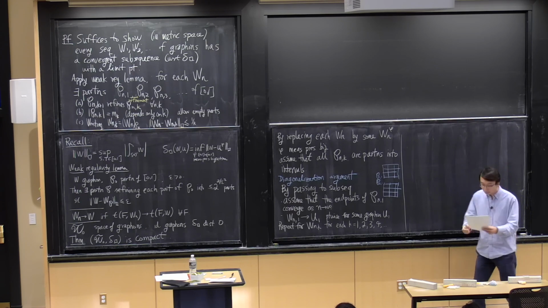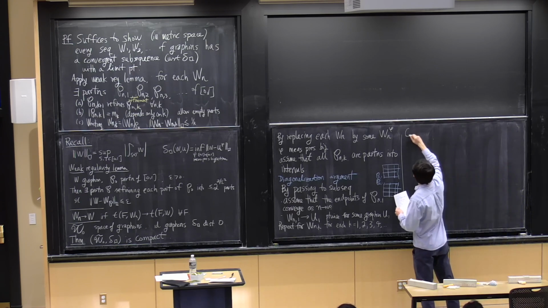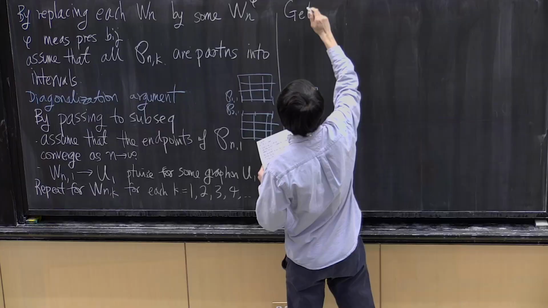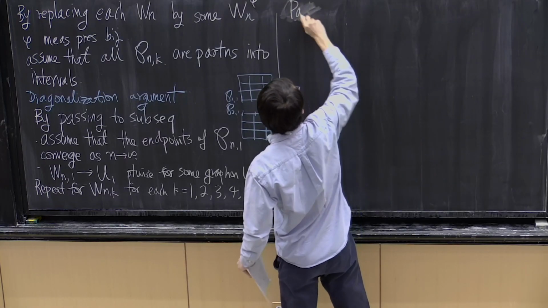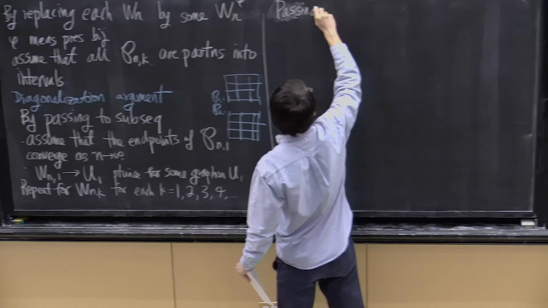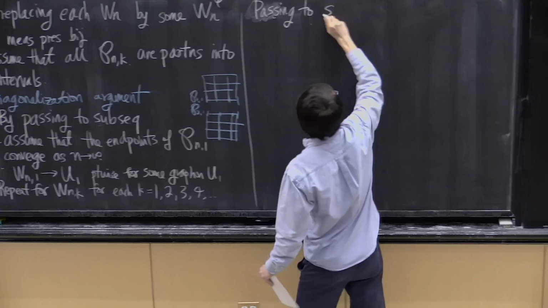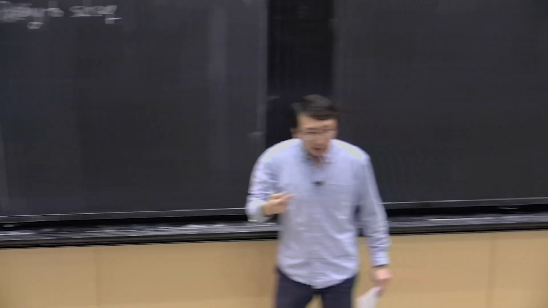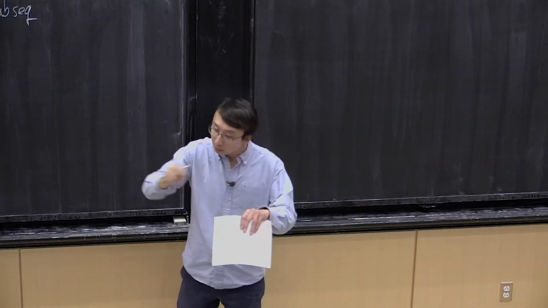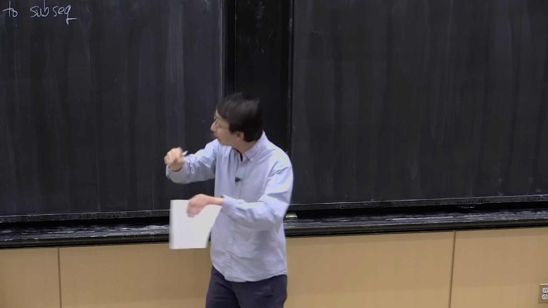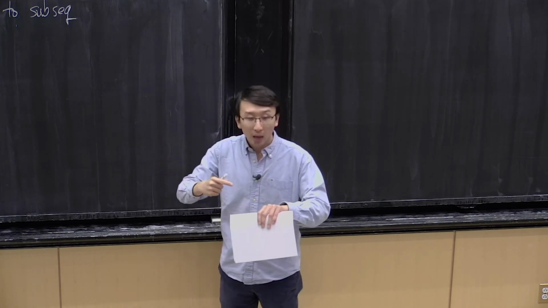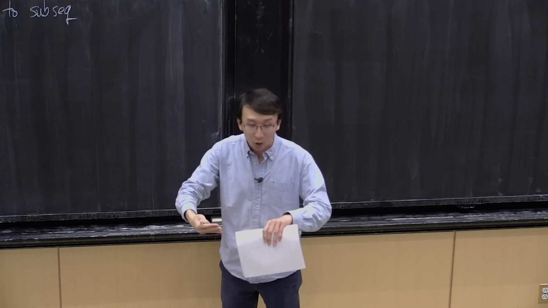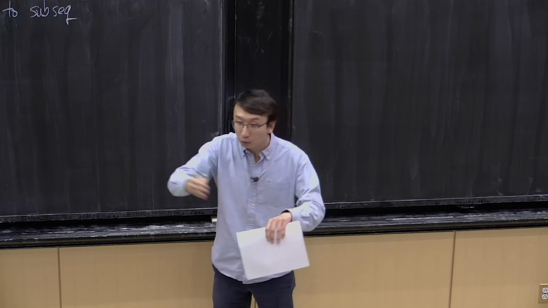At the end, what do we get? We pass down to the following subsequence. And just to make my life a bit more convenient, instead of labeling the indices of the subsequence, I'm going to relabel the sequence so that it's still labeled by 1, 2, 3, 4, and so on.